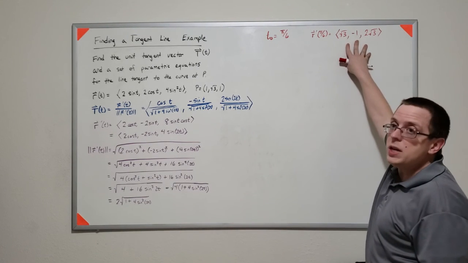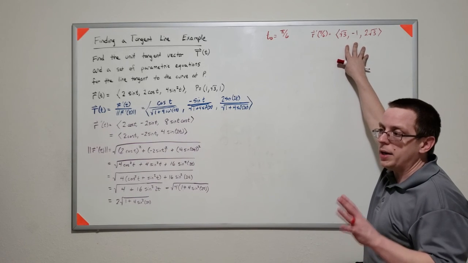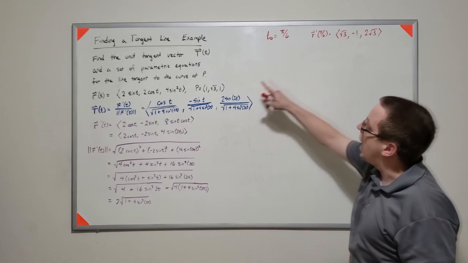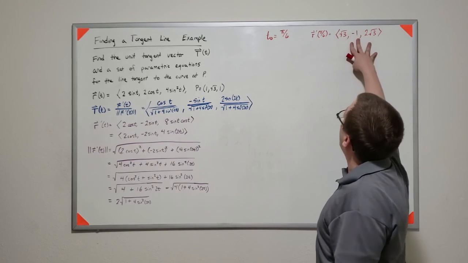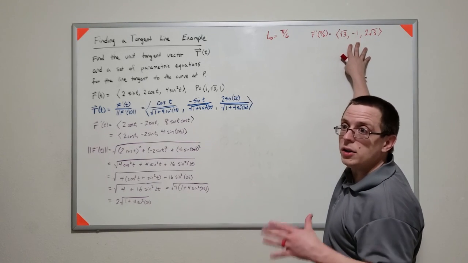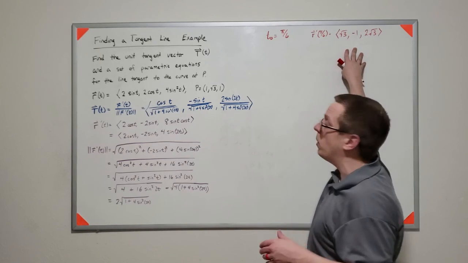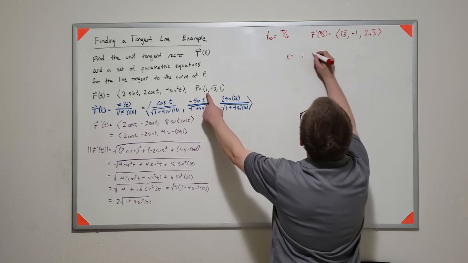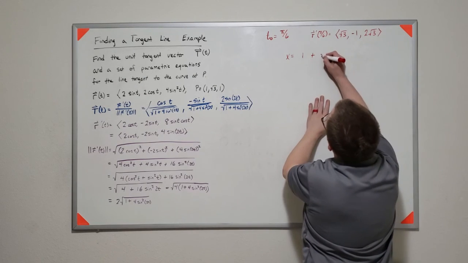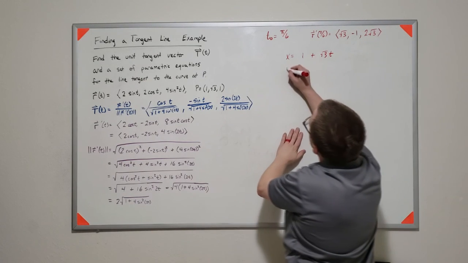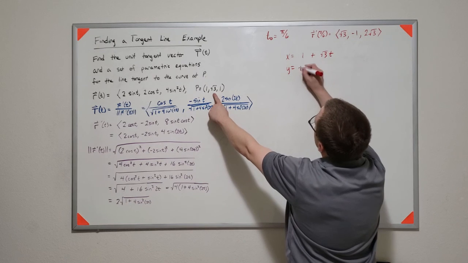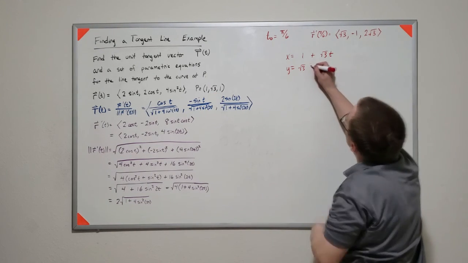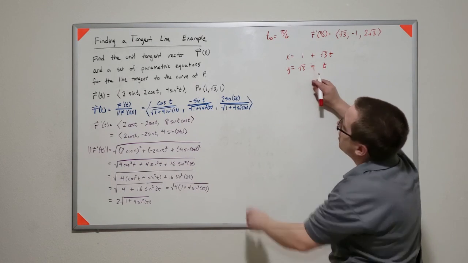These will now be my direction numbers for the vector. So I have a point and I have these direction numbers. I simply have to fill in the parametric equations. x equals 1 plus square root of 3 t. y equals square root of 3 plus, or in this case, minus t.